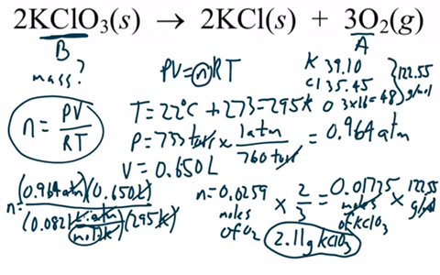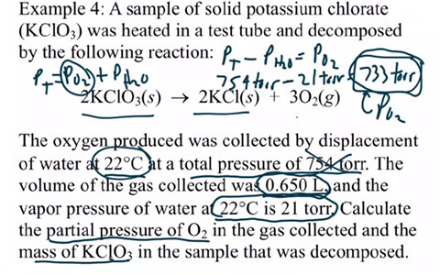Now, what makes this problem more difficult is you're doing everything the same. Just be very careful. I almost messed up when I wrote the pressure here. You don't want the total pressure. That's really the only adjustment, which is going back to this. You want to subtract the pressure due to water, because the gas of interest that you're collecting is oxygen.